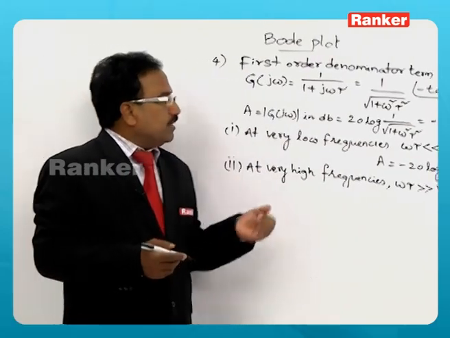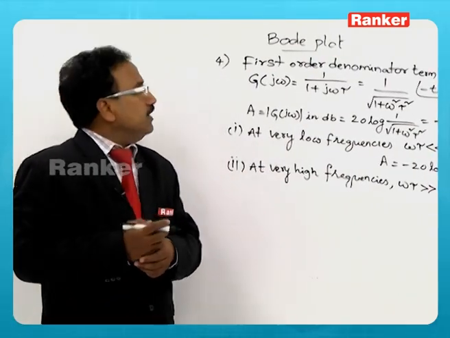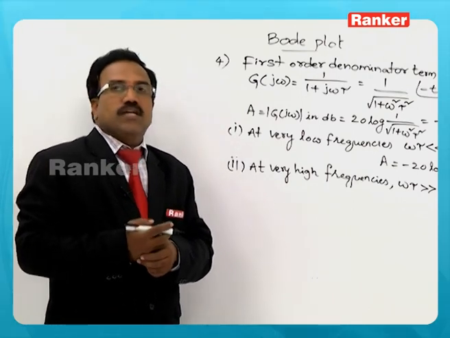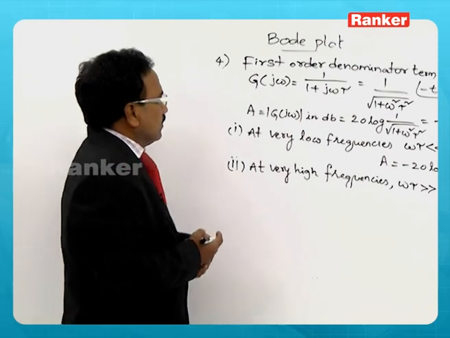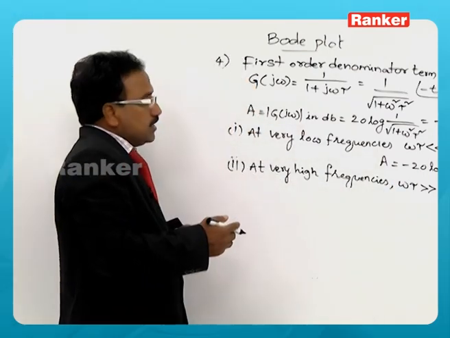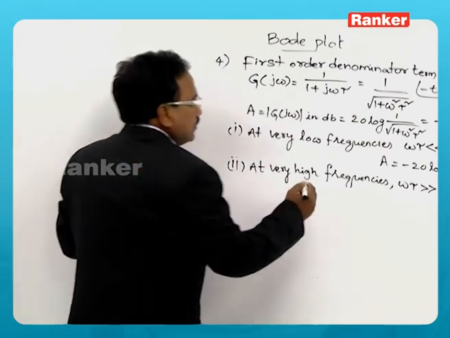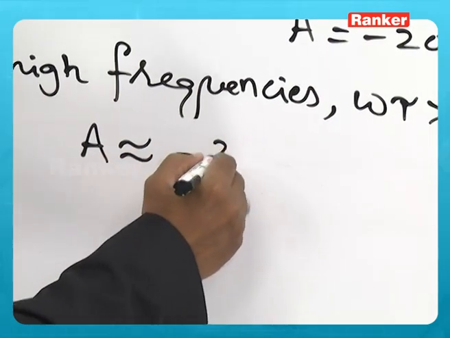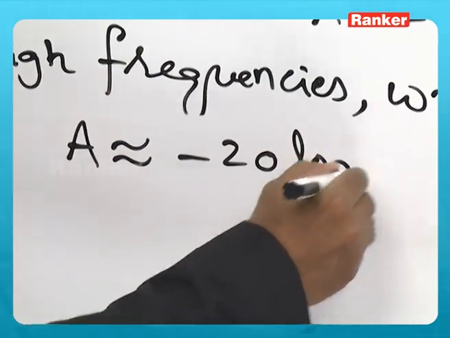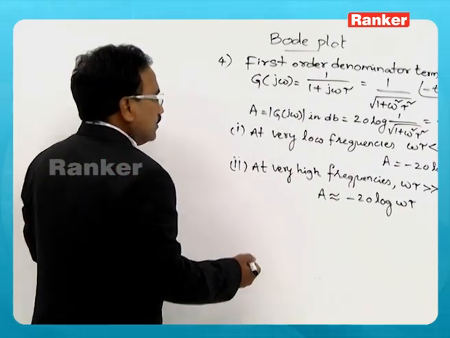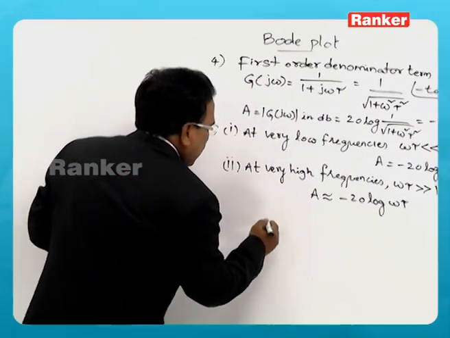At very high frequencies, I would like to see how this denominator term magnitude varies as a function of omega. So, I will consider that omega tau is very much greater than 1 because of high frequencies. So, the magnitude term A can be approximated to minus 20 log omega tau. So, how does this term vary for different values of omega?